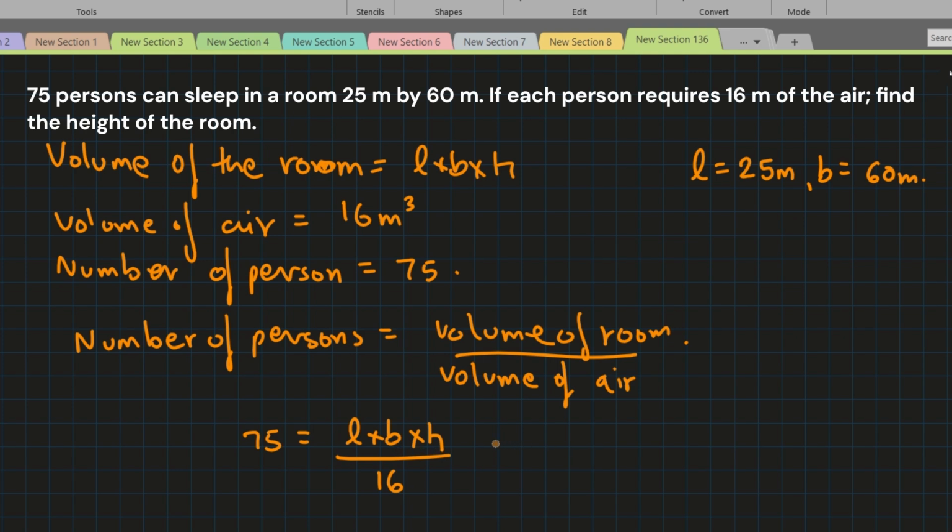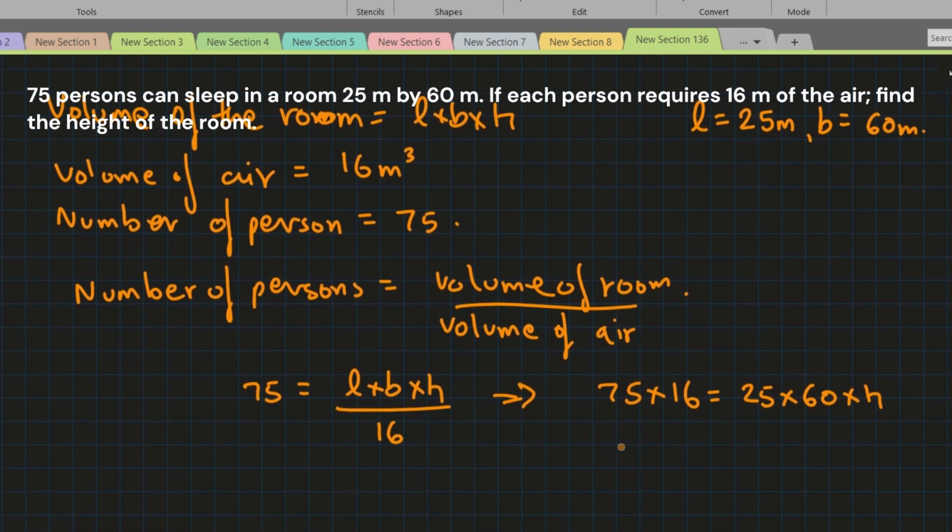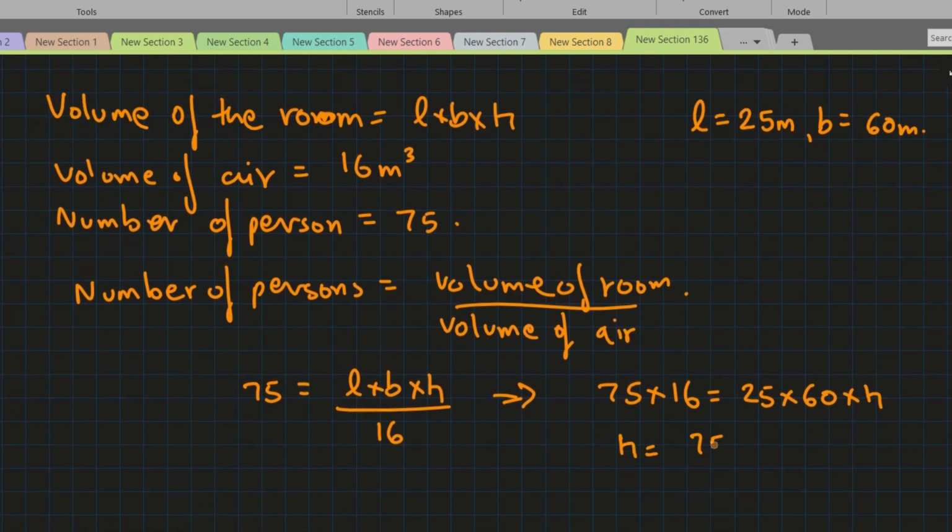So we substitute the value of length and breadth, which we get as 75 equal to, we cross multiply, 75 into 16, we get 25 into 60 into height. So we get height is equal to 75 into 16 upon 25 into 60.